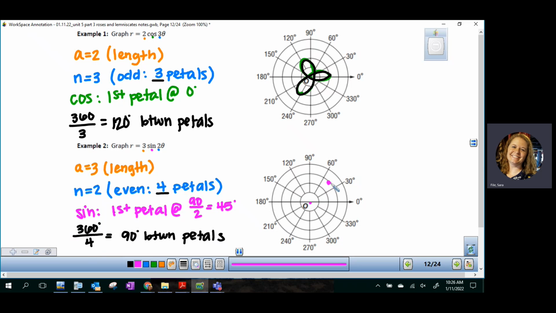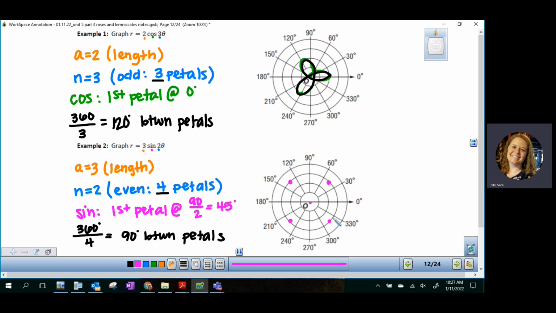That's going to be the tip of the first petal. Then I'm going to rotate 90 degrees, so that's going to put me at 135. If I rotate another 90, that's going to be 225. And then another 90 is going to be at 315, right? So those are the tips of the 4 petals.